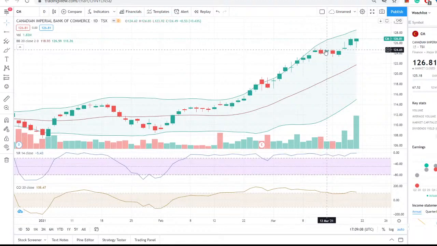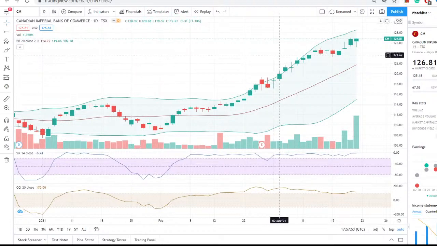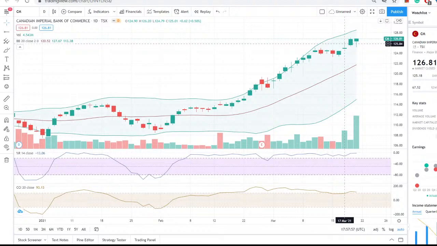It made me wait for one more day and then it filled my order. And then immediately it shot to 125.78. If I remember my figures right, 125.78 or 126. And 126.20, yes. Nice. Thank you, sir.